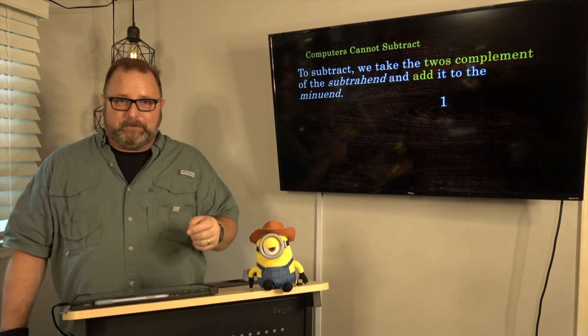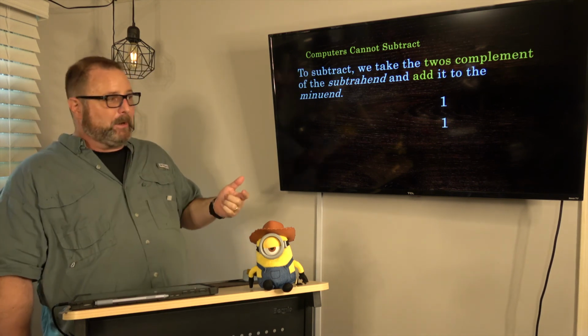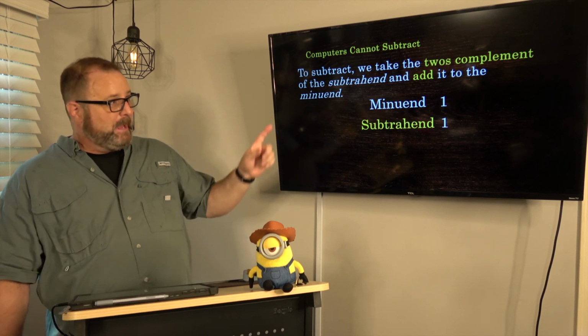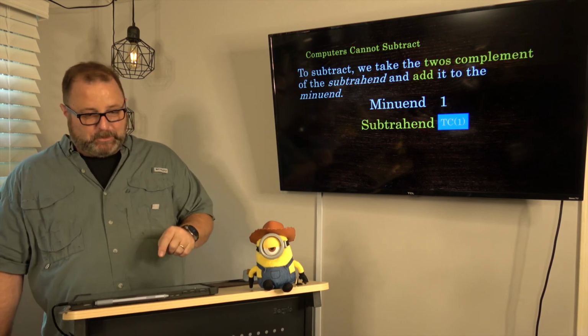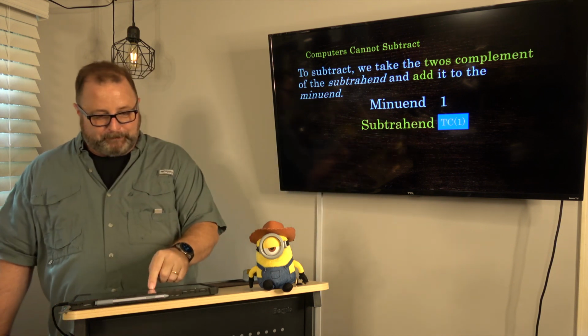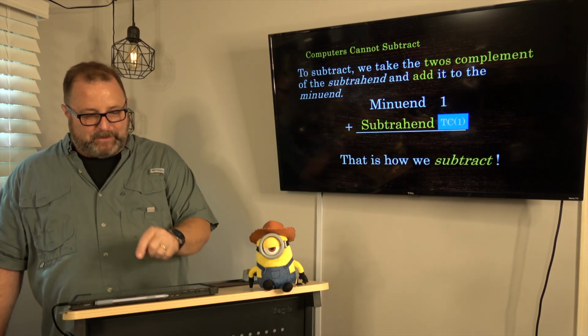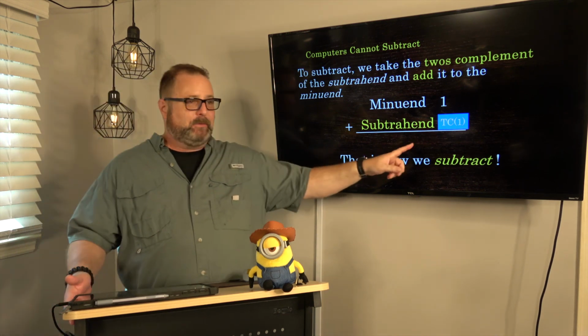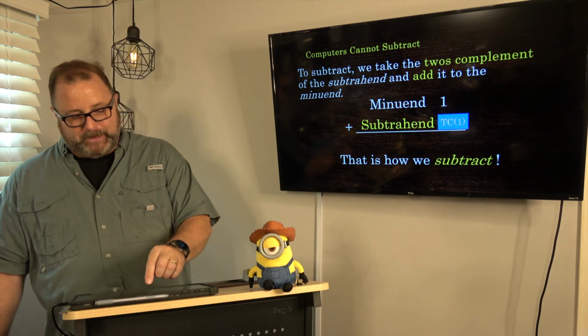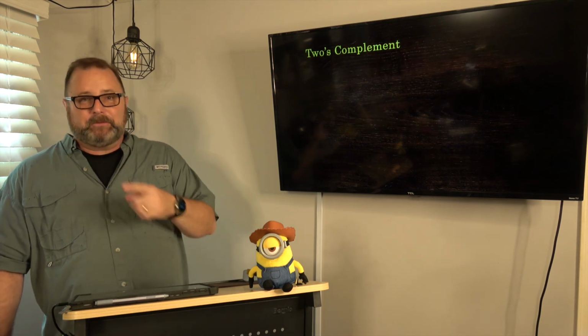To make the point even more painful, if I'm going to subtract 1 from 1, the top number is the minuend, that is the subtrahend. We're going to take the 2's complement of this part of the problem. We're going to add them together, and that is going to give us the value. Okay? So, that's the snooty way to say it.